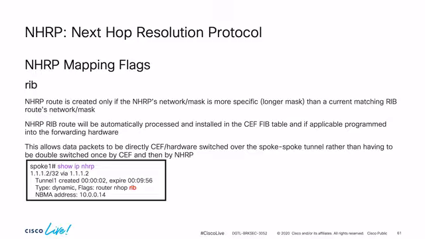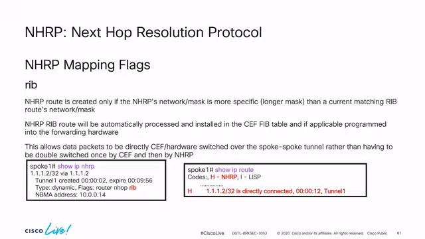So if we were to run a show IP route on this particular spoke, you should be seeing a route which has a prefix called H, which indicates that it is an NHRP route.